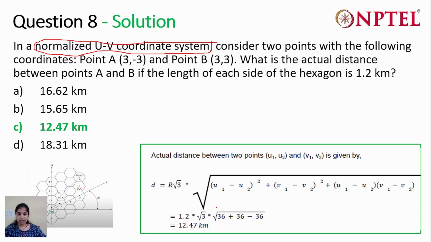The distance between the points in a UV coordinate system is the square root of (u1 minus u2) the whole square plus (v1 minus v2) the whole square plus (u1 minus u2) into (v1 minus v2). To find the actual distance, it is the distance measure into R root 3.